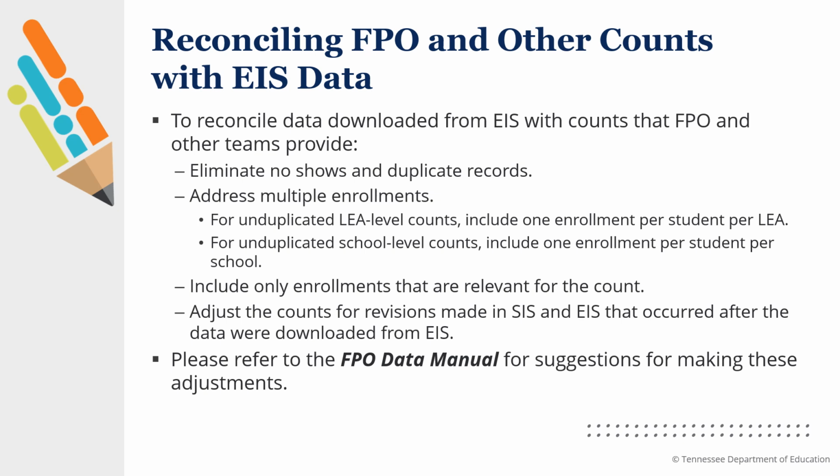For example, for an October 1 count, you will exclude students who withdrew before October 1 or enrolled after. Finally, adjust accounts for revisions made in your student information system and EIS after the data were downloaded from EIS, because those revisions will not be reflected in the counts that you received. For additional suggestions about how to make these adjustments, please refer to the FPO Data Manual.